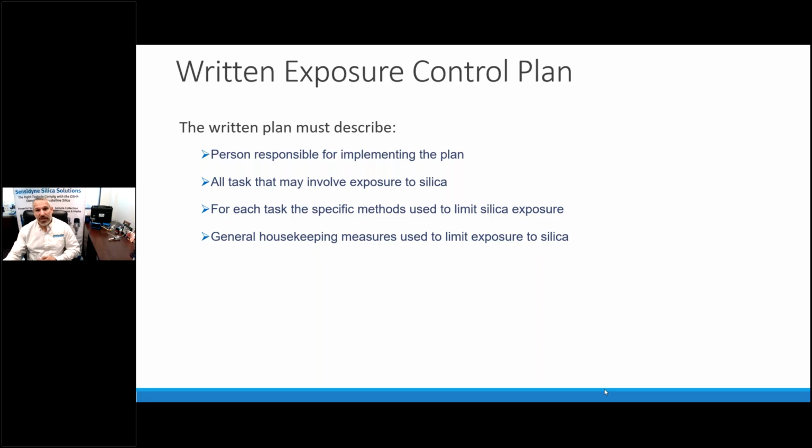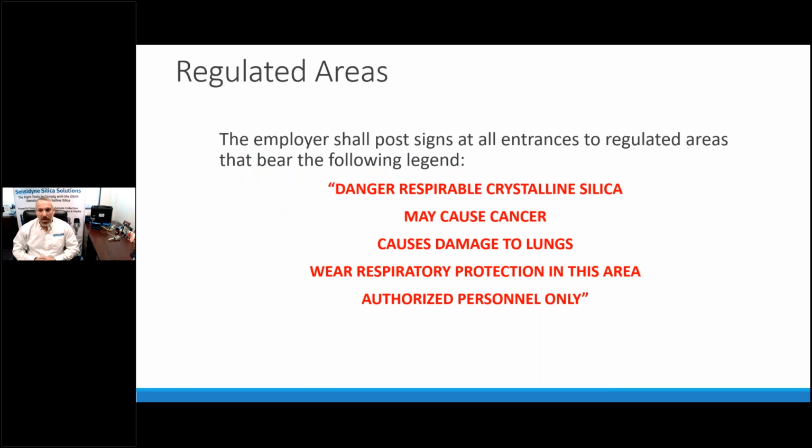So these are different factors associated with general housekeeping measures for controlling exposures to silica. There are regulated areas. The employer shall post signs at all entrances to these regulated areas that bear the following: Danger, respirable crystalline silica may cause cancer, causes damage to lungs, wear respiratory protection in this area, and authorized personnel only.